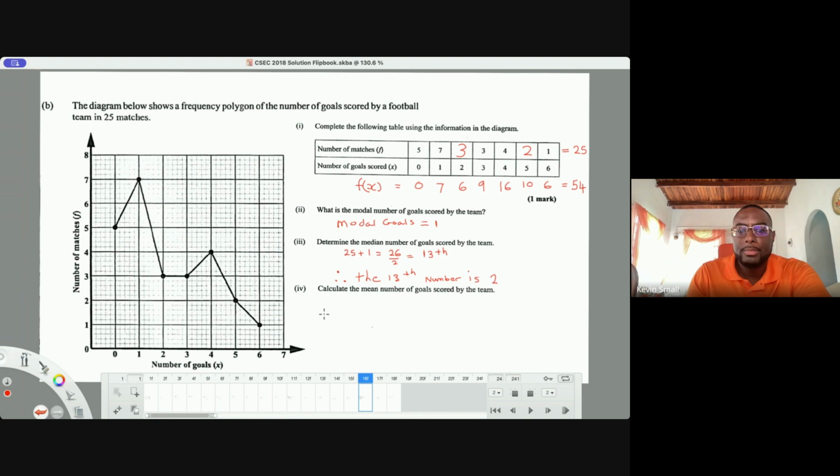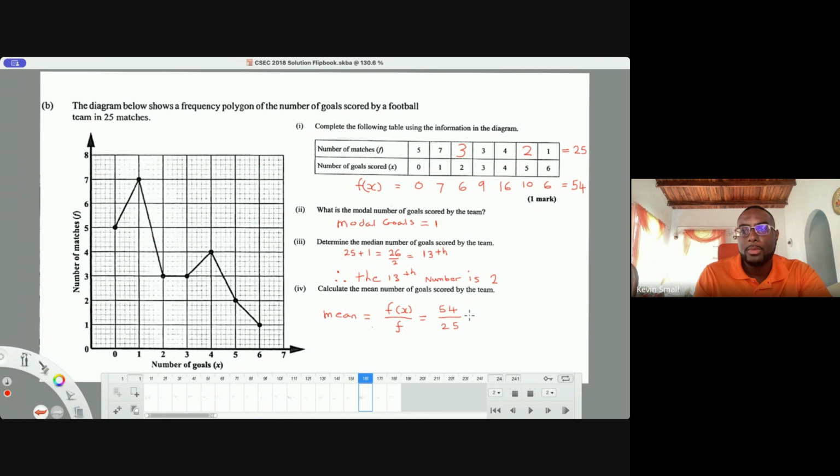Now, therefore, my average is, if you study it correctly, always the f of x on top. Let me put the formula in case you forget. F of x over f. So that is the 54 divided by 25.